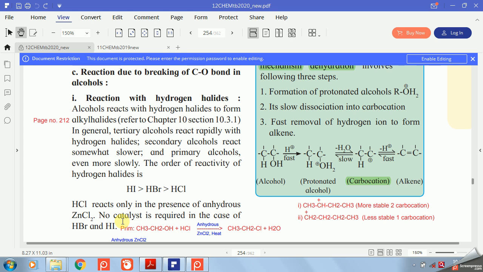From this also you can easily remember the reactivity order. When we write the reaction for primary alcohol, which is less reactive, we require anhydrous ZnCl2, and then we have to heat the mixture.